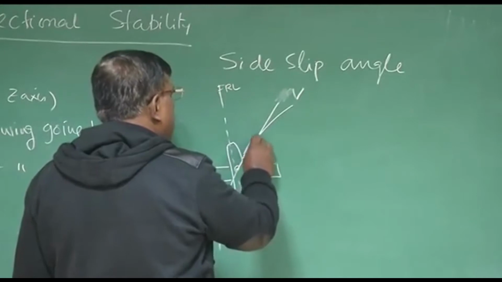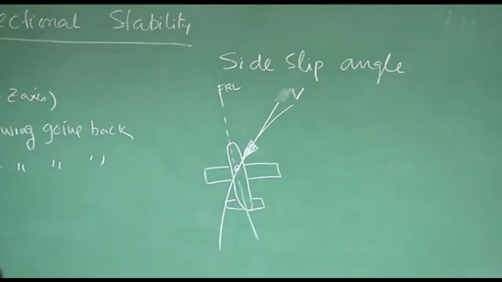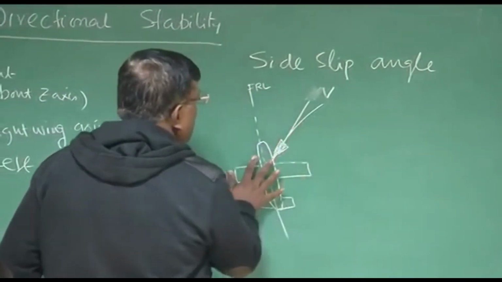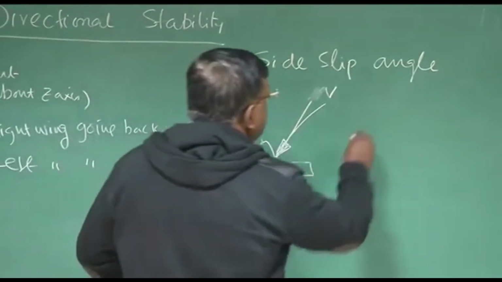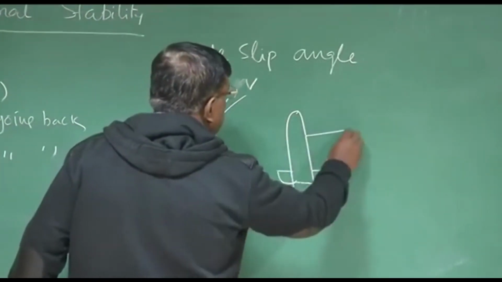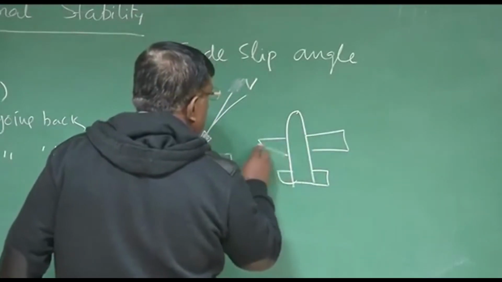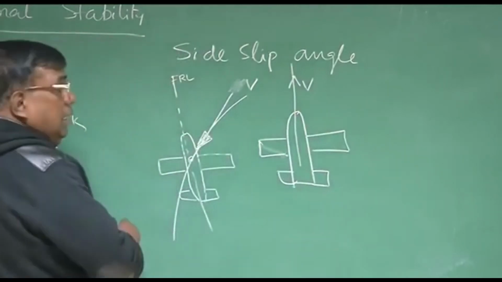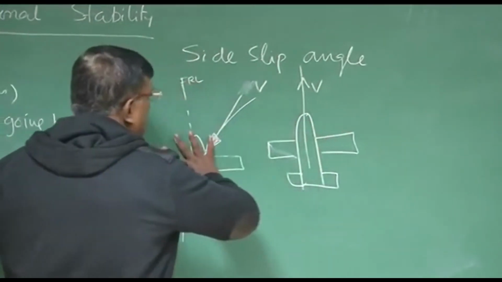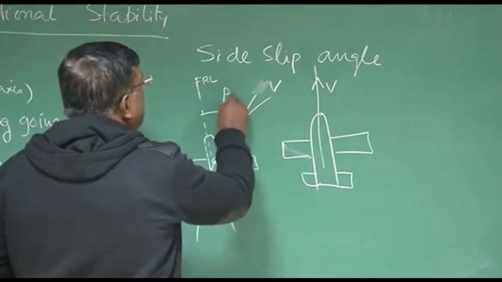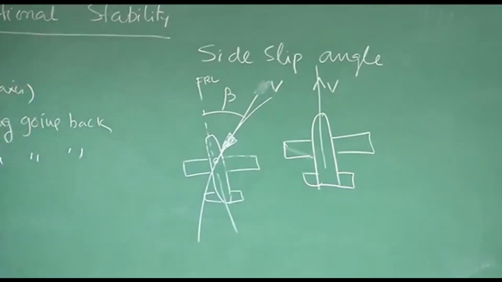When I say relative air, it means relative to the aircraft, right? So now what is happening? Actually the airplane is moving like this, not like this. For the normal case, if I am flying a machine, I am going like this. But here, instead of this, I am actually going like this. So this angle, beta, is called side slip angle.